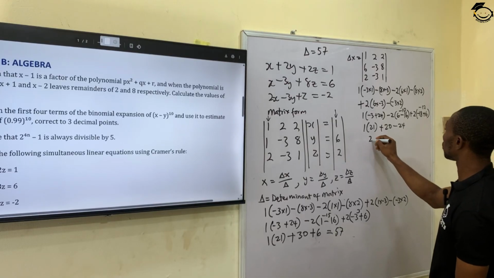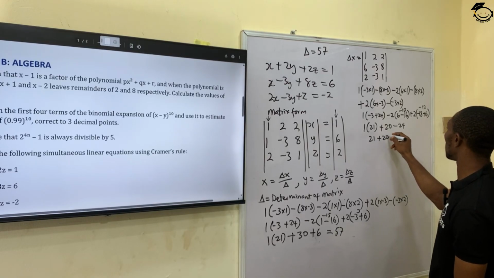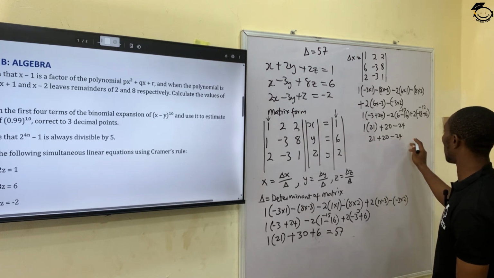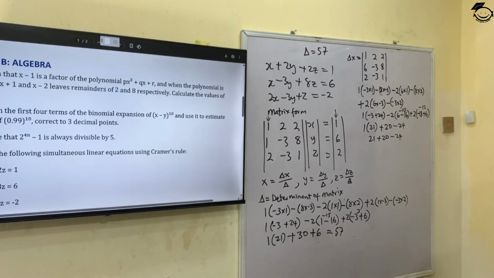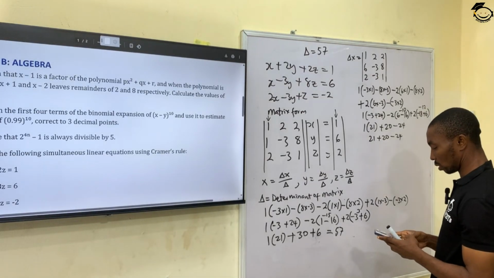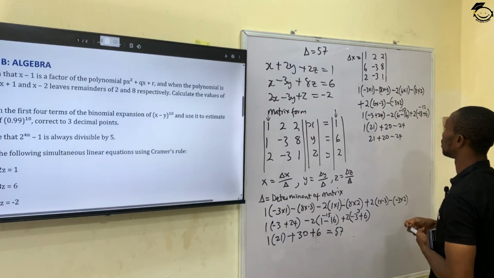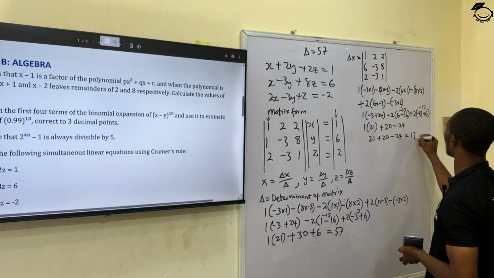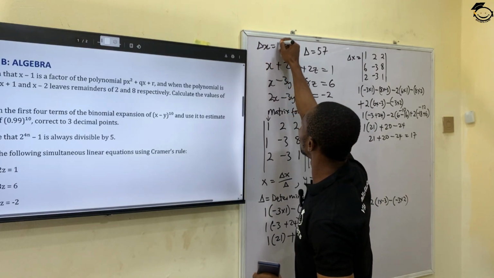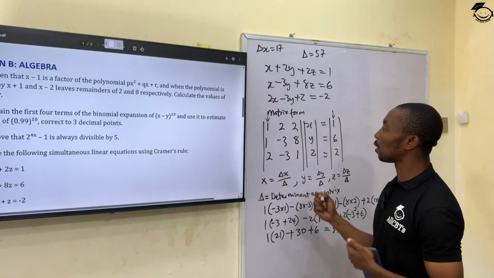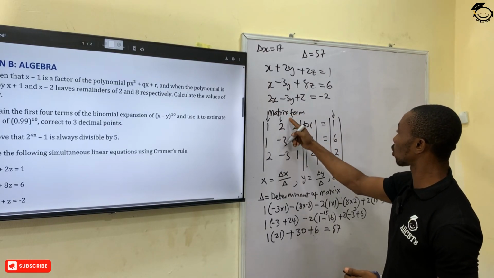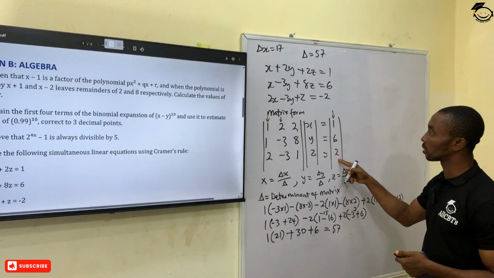Okay, this will have 21 plus 20 minus 24, which will give us 41 minus 24. 41 minus 24 will give us 17. So our delta x equals 17.